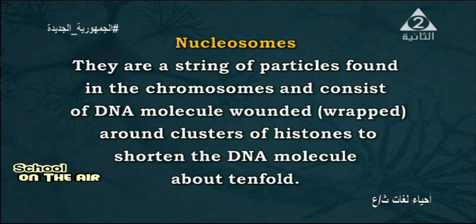What are nucleosomes? Nucleosomes are a string of particles found in the chromosomes and consist of a DNA molecule wounded or wrapped around the clusters of histones to shorten the DNA molecule about 10-fold. Okay, now what is the DNA?